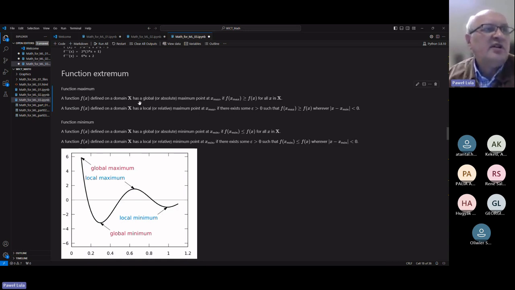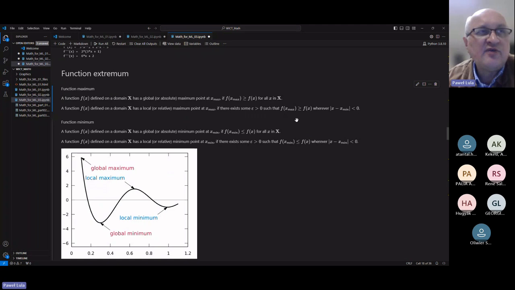And also we can talk about local maximum. We can say that in this x max point, we have a local maximum if this value is the biggest, but only in some rather small neighborhood of this x max point.